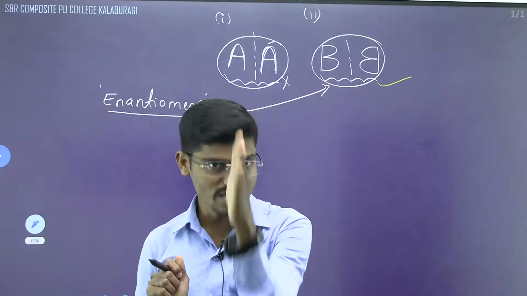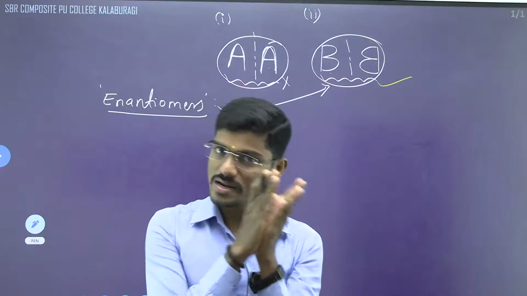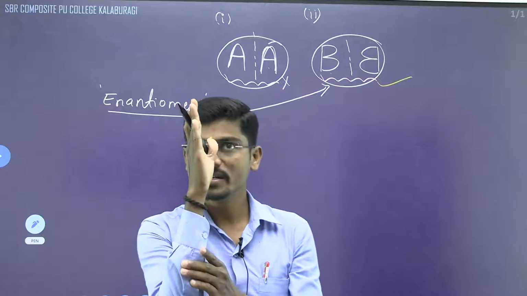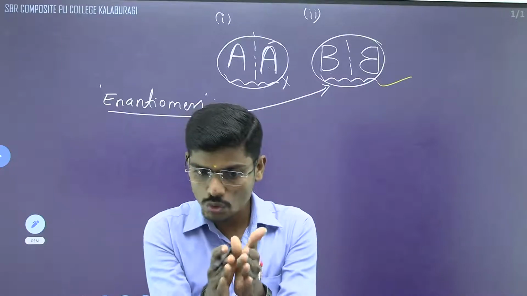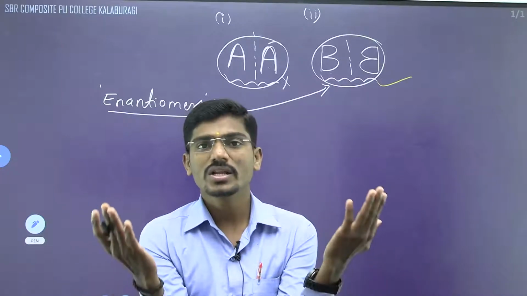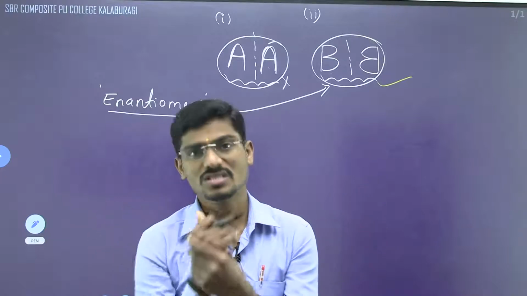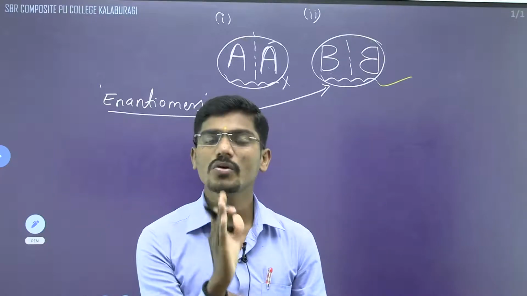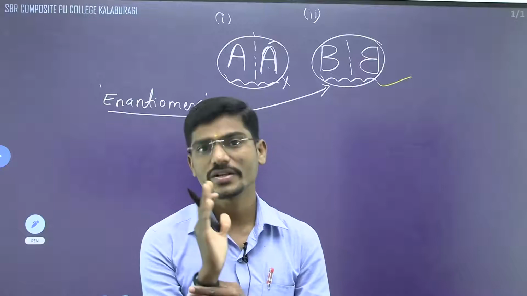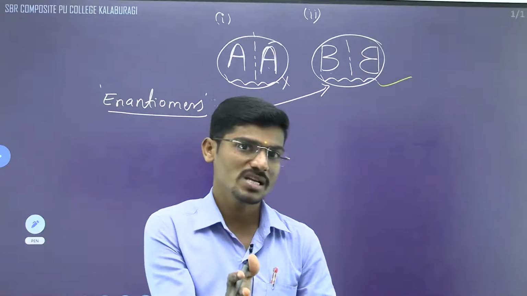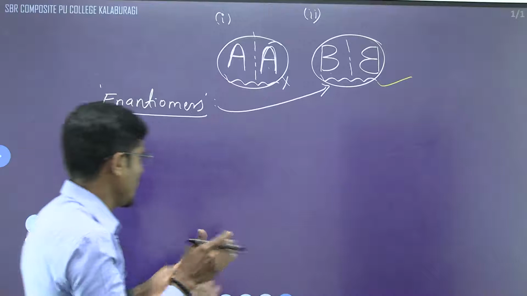If a plane or an axis divides the molecule into two equal halves, and it produces mirror images of each other, then the compound is said to be optically inactive because it contains a symmetry.